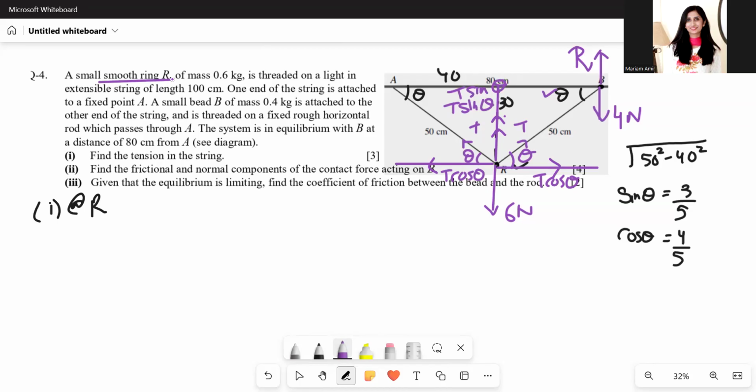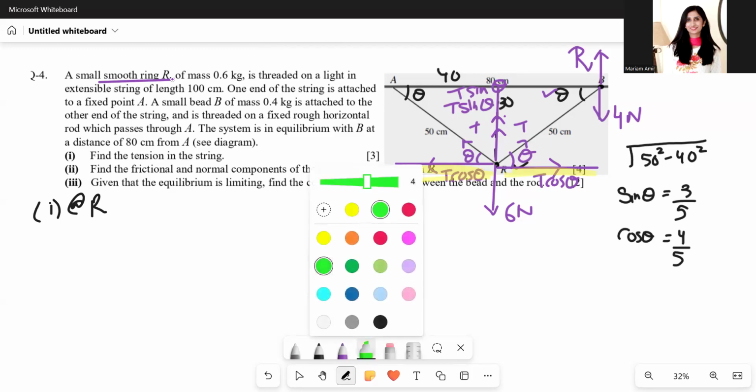Okay, I believe I've written all the forces. Now let's equate them. So this force is equal to this force. They cancel each other out because T cos theta is equal to T cos theta. We're not getting anything from here.